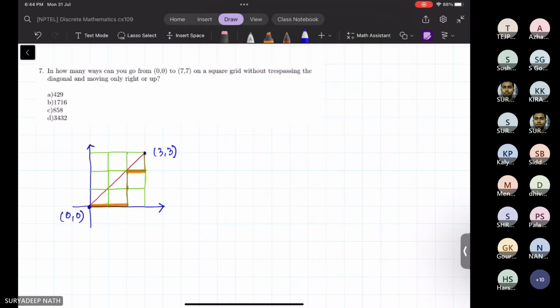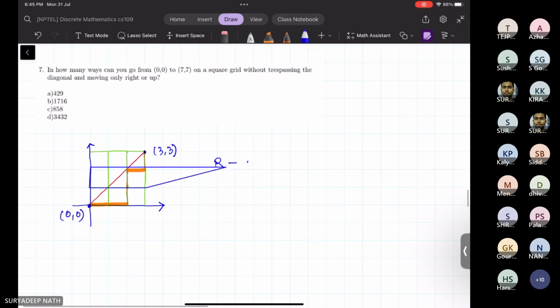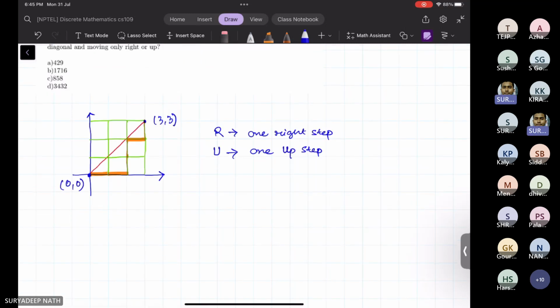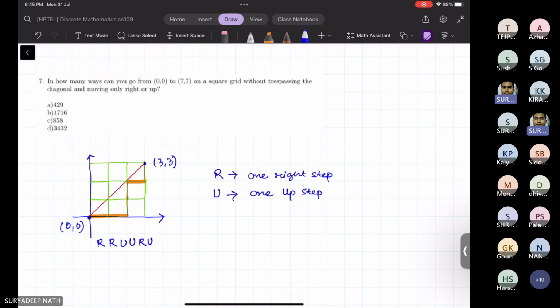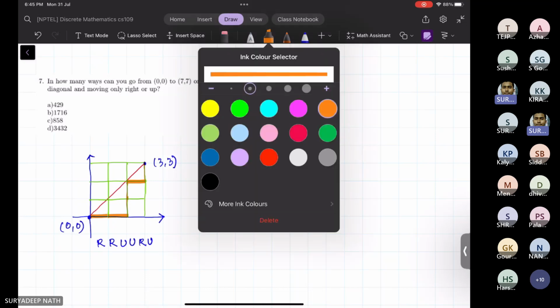R denotes one right step, and U denotes one up step. So this path can be written as R R U U R U. So this is one example. So what do they mean by trespassing the diagonal? Anything like this, let's draw something like this.